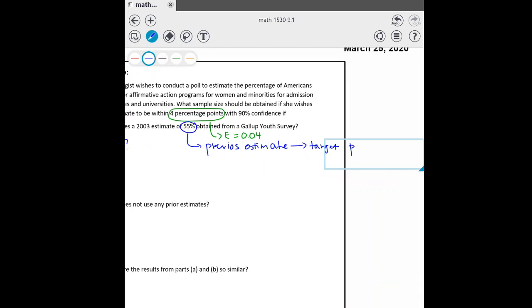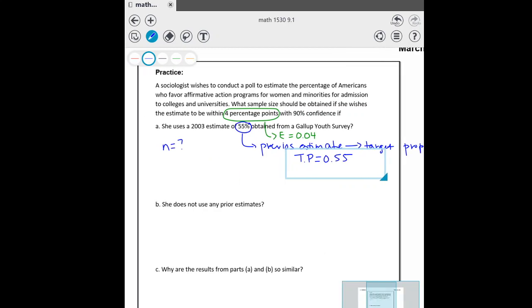It's something that we've already known from the past, so we're targeting that. That means our target proportion is 0.55, because we want to change that to a proportion and not have a percentage. Now, we have to talk about one more thing.